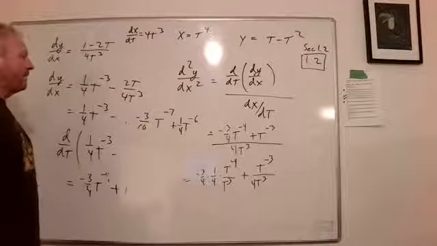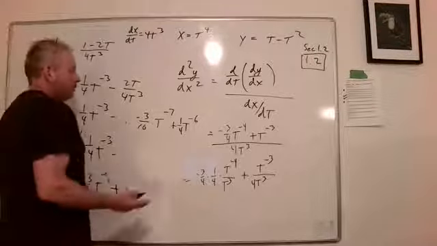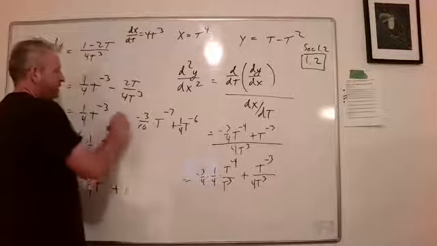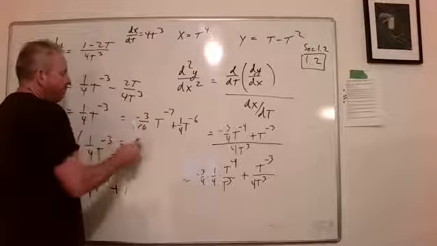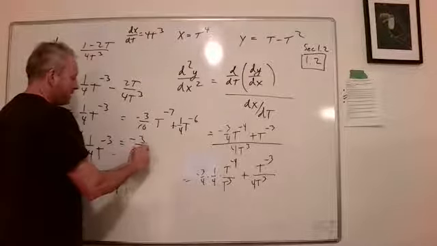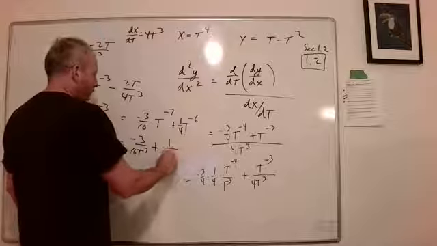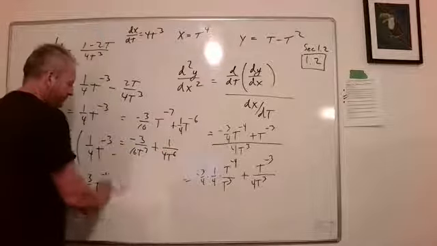I don't know. You could leave it like that. We could try rewriting it. I don't really know what the advantages and disadvantages are. Just for fun, we could maybe try writing this like this: -3 over 16t to the seventh plus 1 over 4t to the power of 6.